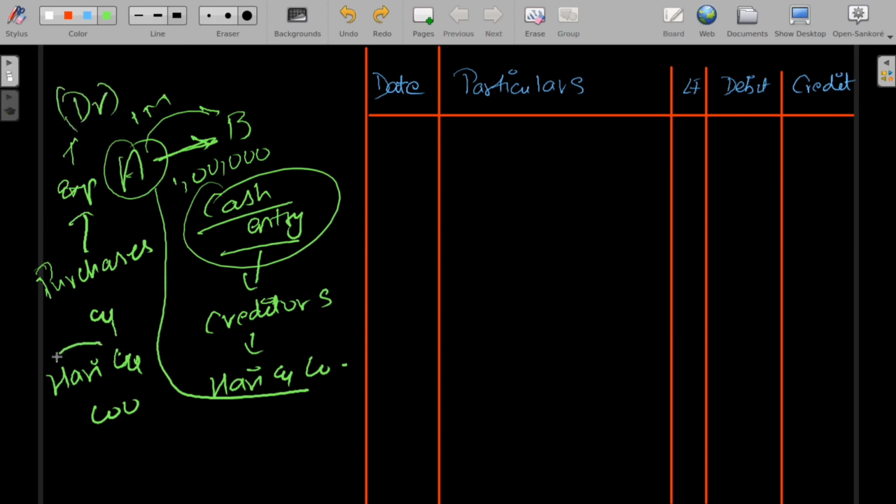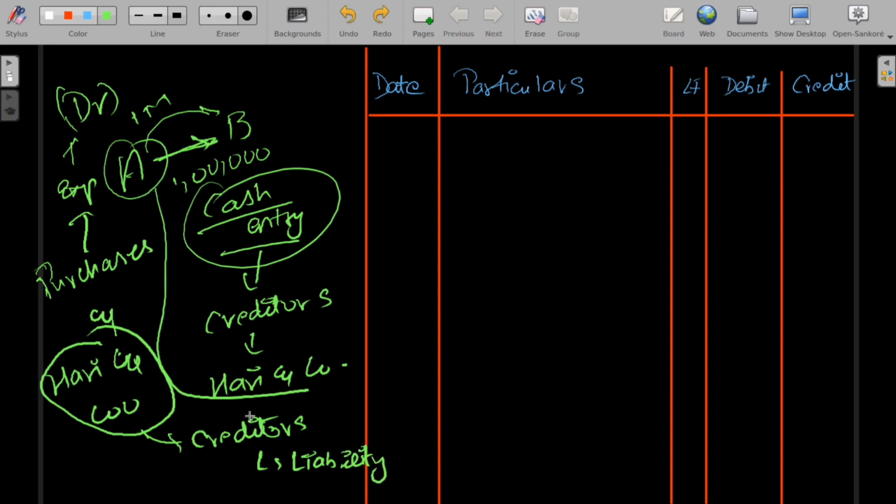And Hari and Co. are your creditors, because you have to pay them the cash for the goods. Creditors come under the liability account.